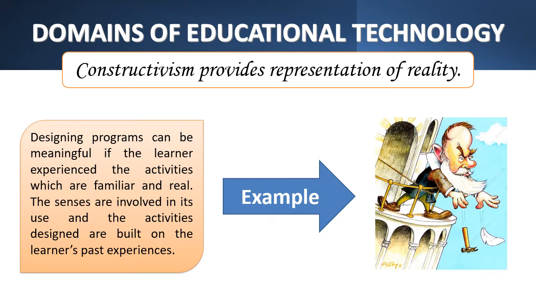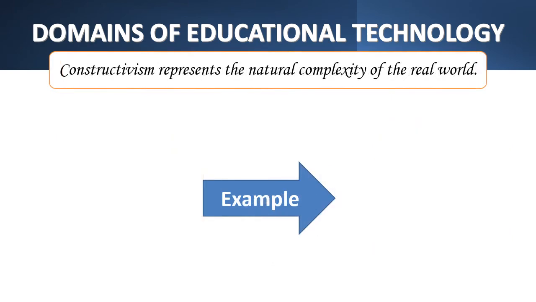And that is true at some point. So why were they able to answer that? Because we actually use their past experiences. At some point, they had an experience and saw that if you let objects run through, the heavier object moves more easily. Okay. So that is very clear when it comes to constructivism. The other one is that constructivism represents the natural complexity of the real world.